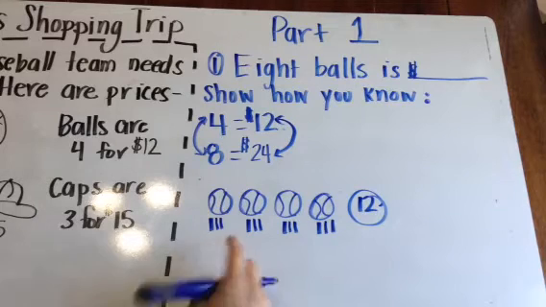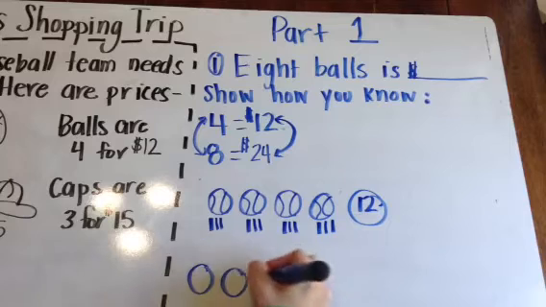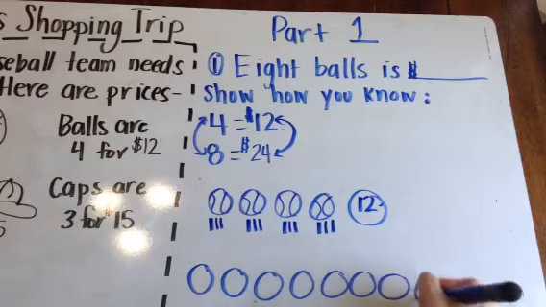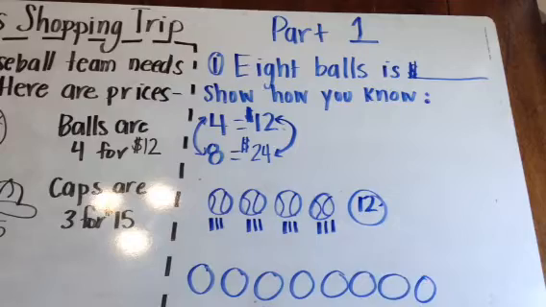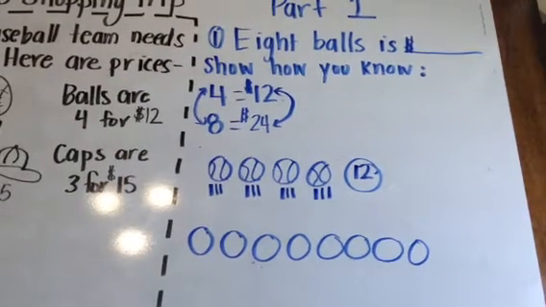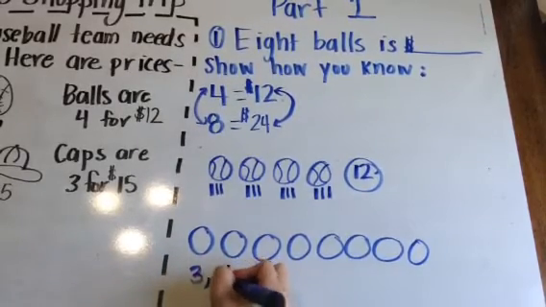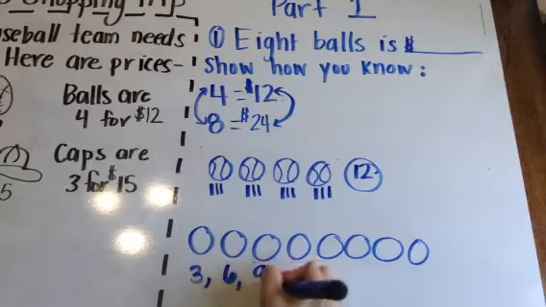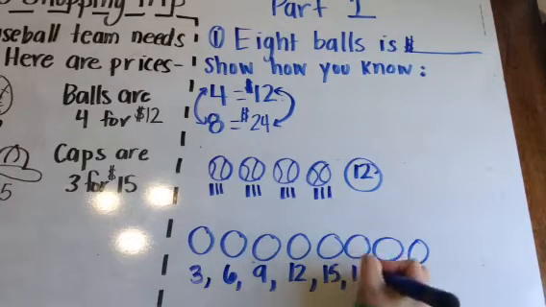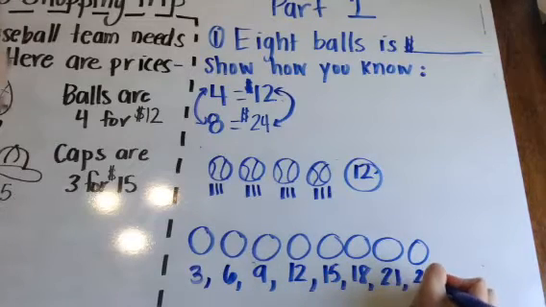So if I did 8 baseballs, 1, 2, 3, 4, 5, 6, 7, 8, I could skip count to figure out how much 8 would cost. So I would say the first one is 3, 6, 9, 12, 15, 18, 21, and 24.